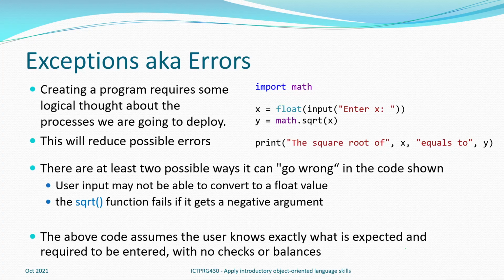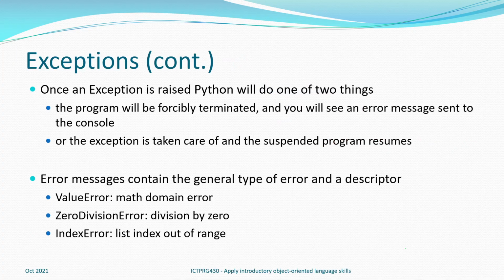So when we create our routines, we need to ensure that if we are trying to get user input, we give the user enough information so that they can answer the question with the correct data that we're after. We then have to look at how we can handle the process if they put in something other than that.